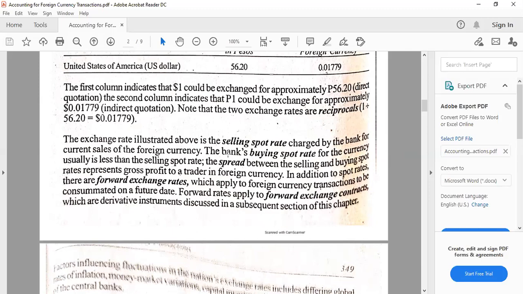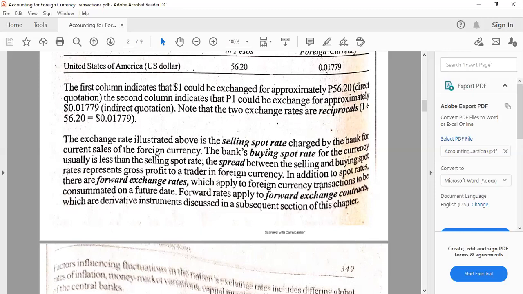The bank's buying spot rate is normally less than the selling spot rate. Of course, when the bank buys those currencies, it will charge less so that it can have gross profit or gross margin on top of it to be able to earn in the process, and so the selling spot rate is higher than the buying spot rate.